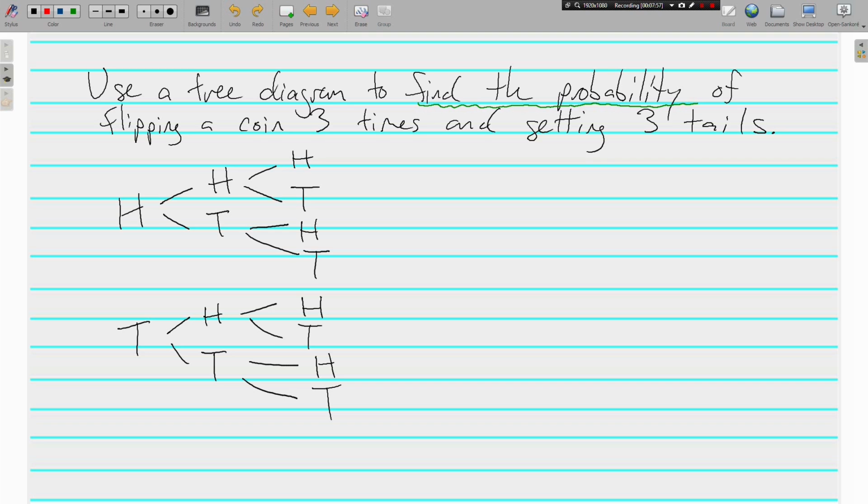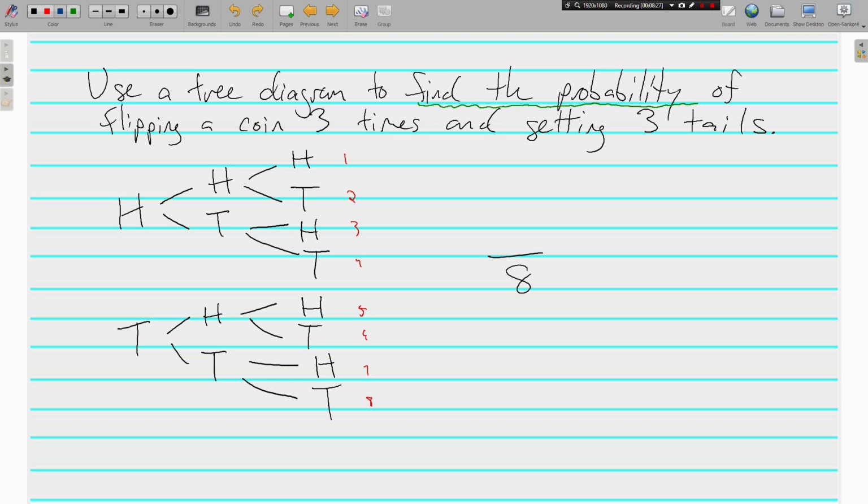So the sample space, if I read this from left to right, there are 1, 2, 3, 4, 5, 6, 7, 8 different combinations of things that could happen. There are 8 different possible outcomes. And we know when we figure probability that our possible outcomes go in the denominator. And what is our favorable outcome? What is it that we're looking for?